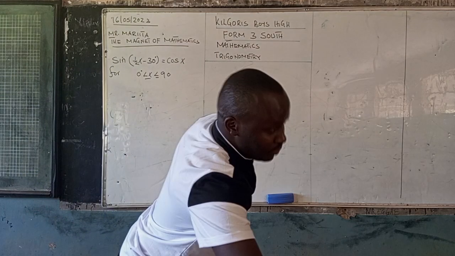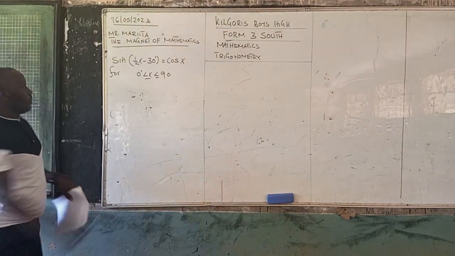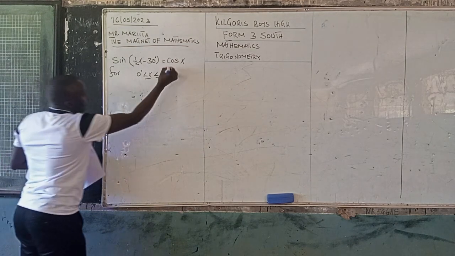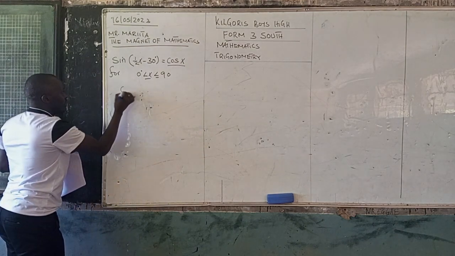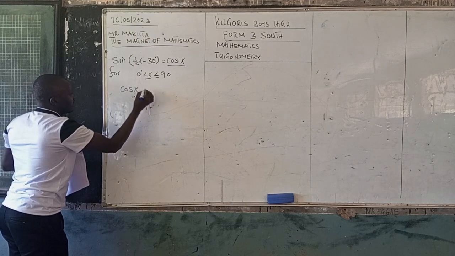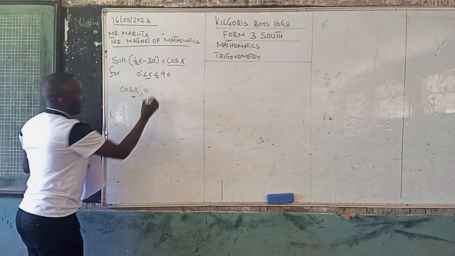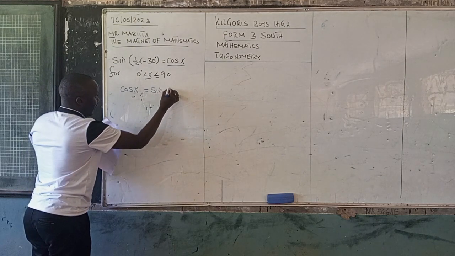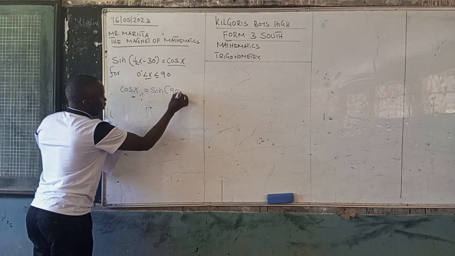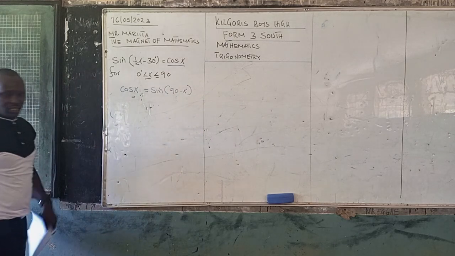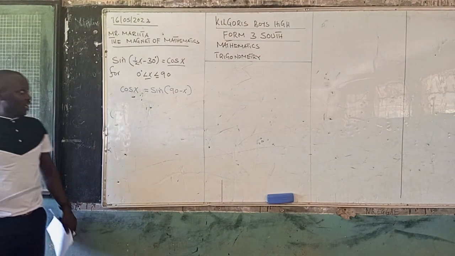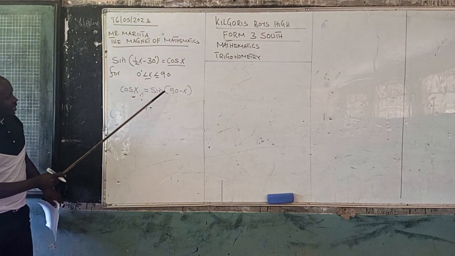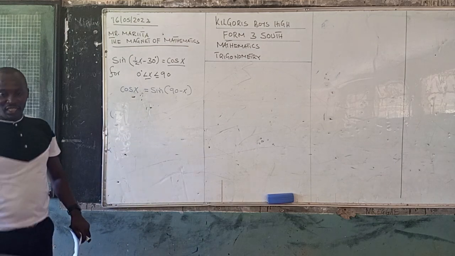To solve this one, you need to know that we can express cos x as sine of (90 minus x). That is how you can express this one. So we first write cos x as sine 90 minus x.